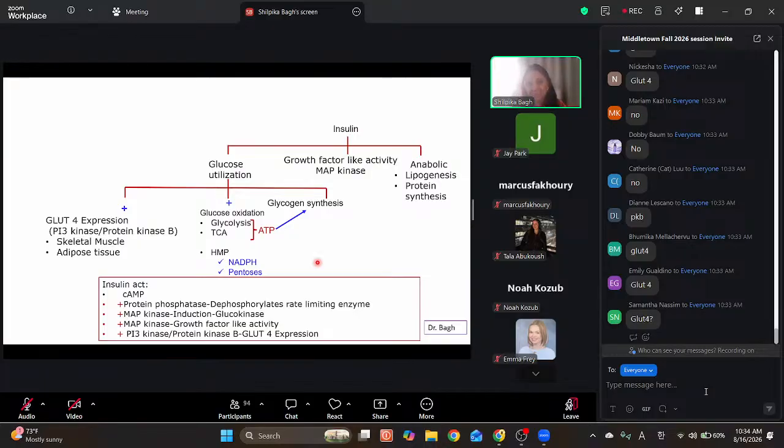GLUT4 is the only transporter which is insulin mediated. So insulin is increasing GLUT4. But others have their own flow. But then, is insulin an anabolic hormone? So then have we addressed anabolism and catabolism? Have we addressed anabolism and we have identified insulin as the anabolic hormone? Very good. So do anabolism and catabolism. Go very basic. We are not doing all this.